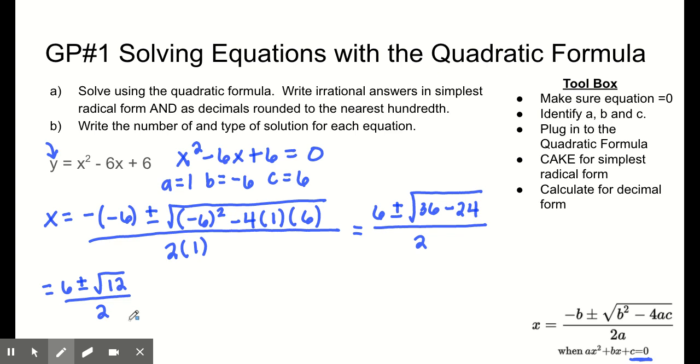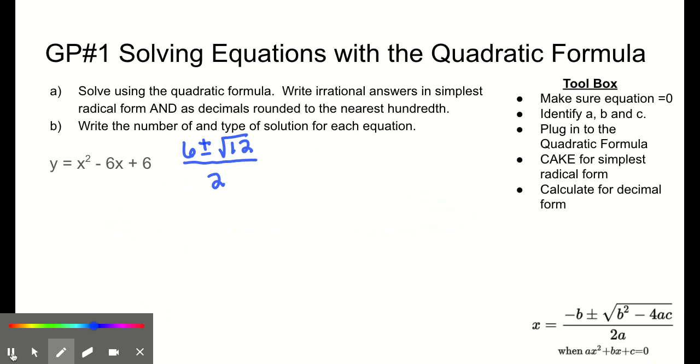I'm going to go ahead and clear my screen to give me a little more space to work with. So at this point, we need to make sure that we simplify our radicals. As I stated over here in the toolbox, there is a little bit more involved in this one because it is not a perfect square. So we have to make sure that we get the simplest radical form, because in the directions, it tells us to write it in simplest radical form and as decimals.